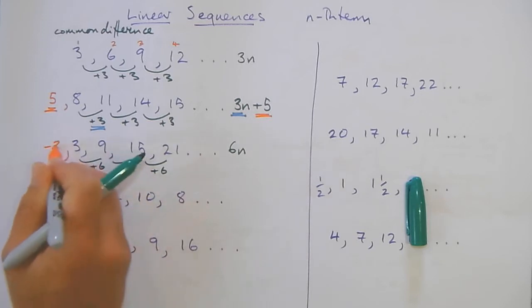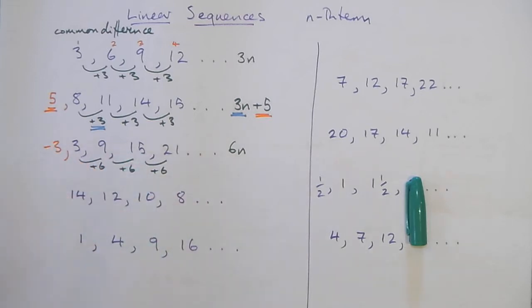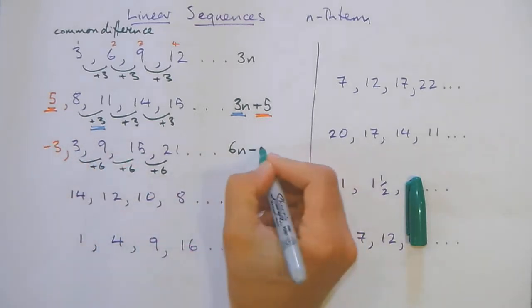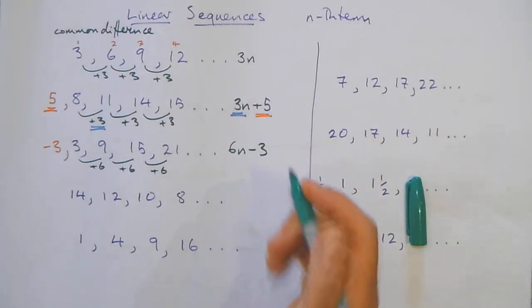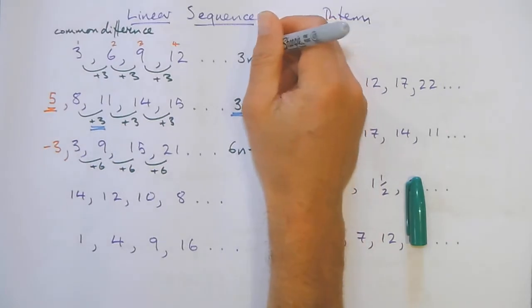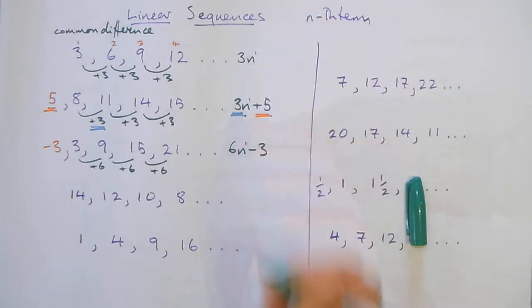So take 6 is that. Either way you do that, you get that as an nth term. And it's a linear nth term, because that's power 1, power 1, power 1.